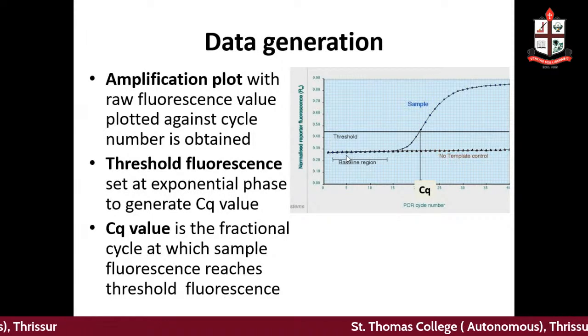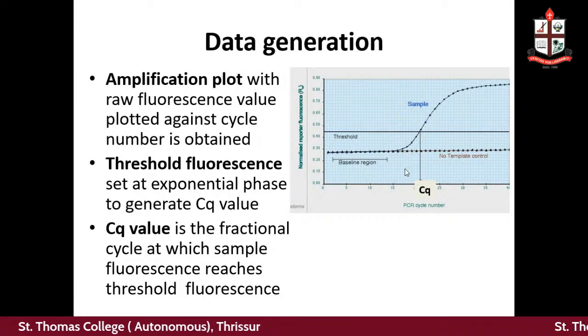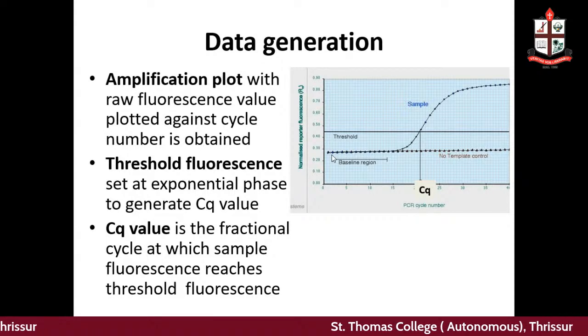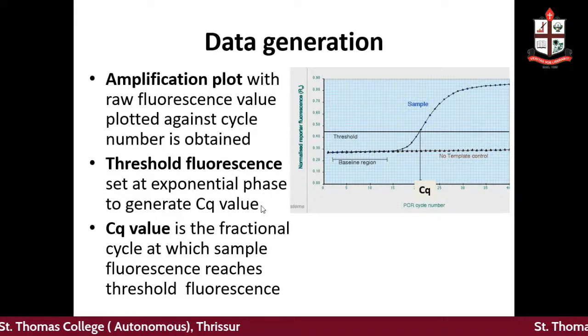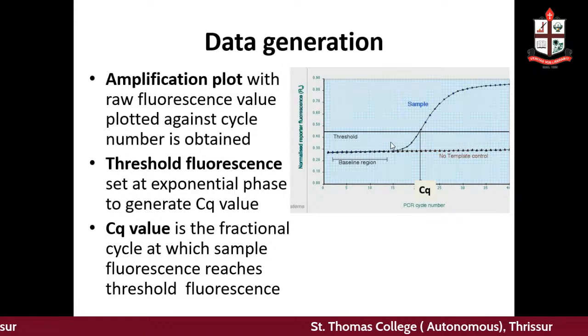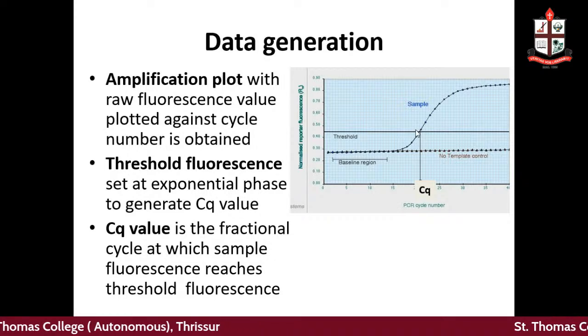So you might wonder why the signal is increasing only after, say, 15 cycles and not at the initial stages. Actually, in PCR, the amplicons or PCR product will increase in an exponential manner from the first cycle itself. But in real-time PCR, the increase in fluorescence of SYBR Green or TaqMan chemistry will be visible only after some cycles.